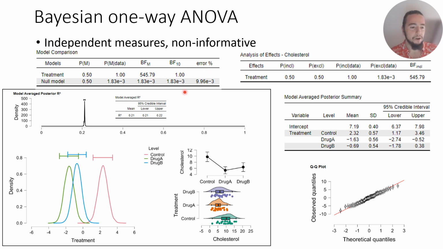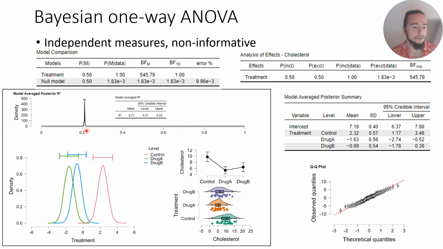Okay, so now from a plot, we can see and check the R squared of the model. We have an R squared of 0.21 with a credible interval that is drawn from a posterior distribution. Here is the posterior distribution of the R squared of the model, that is, the model that only takes into account one variable.